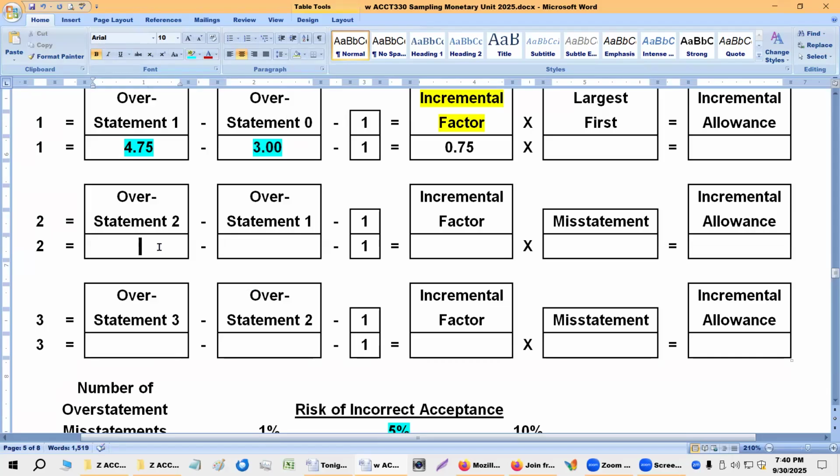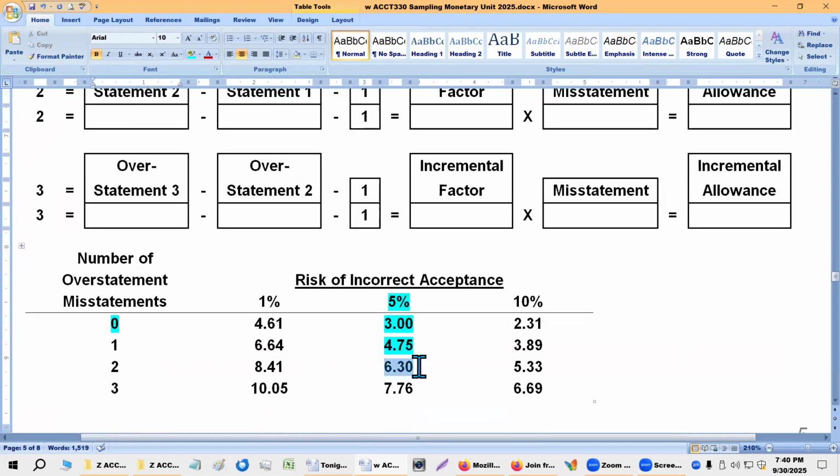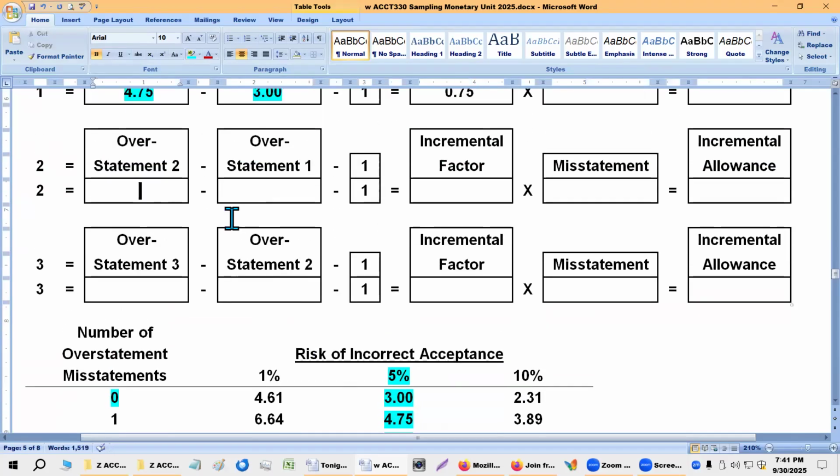Just for kicks, we'll go through the next one, and we'll worry about this misstatement thing in a second. So the incremental factor for the second one would be 6.3 minus 4.5, minus 1.